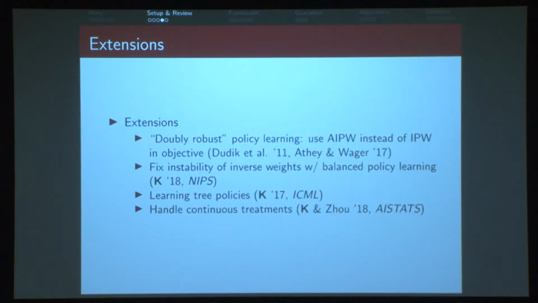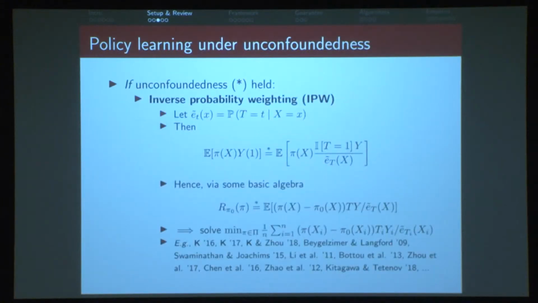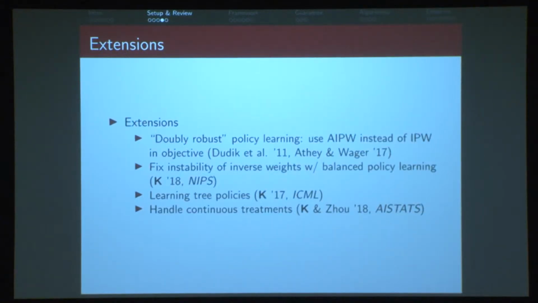OK, I'll just quickly note some notable extensions to this approach. You can get what's known as doubly robust policy learning if you replace this IPW objective with something known as the augmented IPW objective. I won't get into the details, but that's something that's been seeing a lot of attention recently. Something that I've looked at is here you're dividing by probabilities. So you're dividing by things that could be close to 0. That is extremely unstable and can actually lead to bad policy learning, even under unconfoundedness.